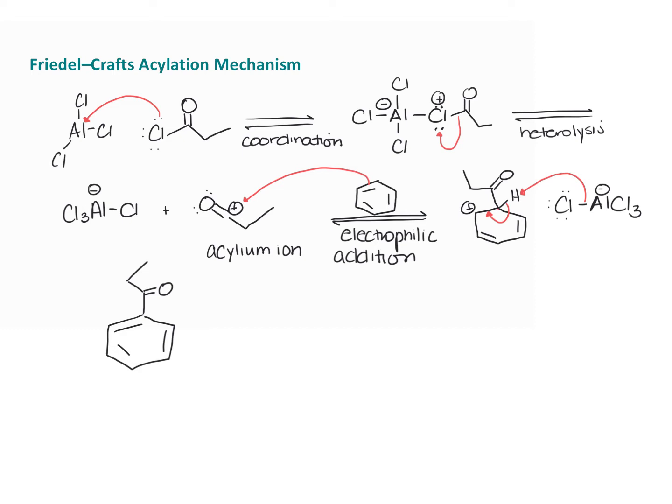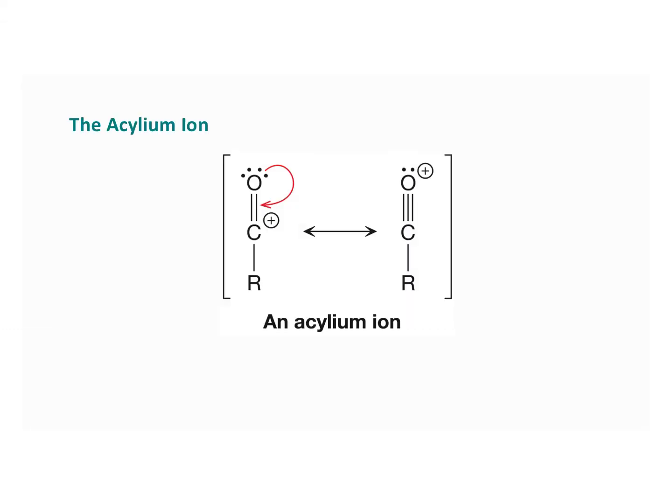Let's talk a little bit more about that acylium ion and its resonance structures. It might seem weird that the Friedel-Crafts acylation can take place at all, because that chlorine atom in the acid chloride reactant is bonded to an sp2 hybridized carbon, which we had just talked about prevents the Friedel-Crafts alkylation from taking place. But this acylium ion is really the key.